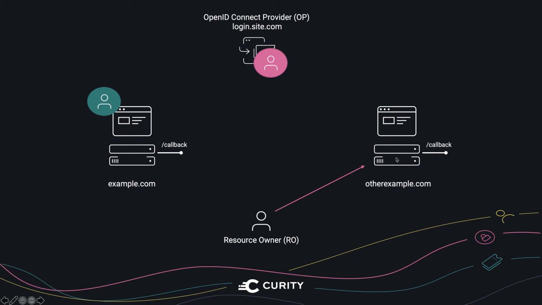If we continue the flow, later the user goes to otherexample.com and clicks login there as well. So otherexample.com redirects over to login.site.com, assuming they're using the same OpenID Connect provider. And now the session is found. So login.site.com sees that, oh, this user is already logged in. I'm just going to use that login session and issue another ID token. It's important to know this isn't the same ID token.